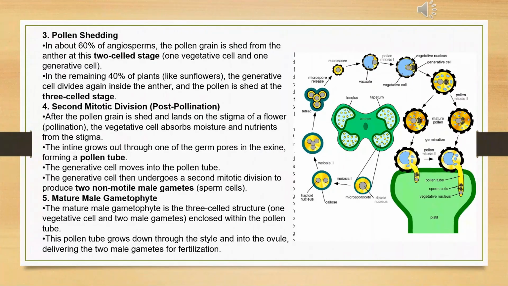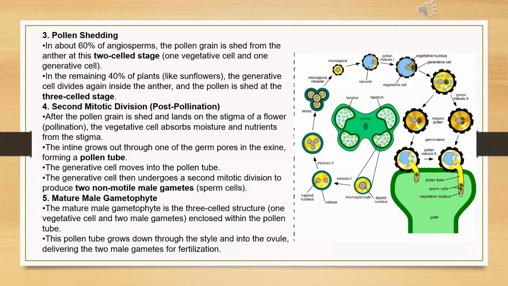The fourth one is the second mitotic division, also called post-pollination. After the pollen grain is shed and lands on the stigma of a flower, also called pollination, the vegetative cell absorbs moisture and nutrients from the stigma.